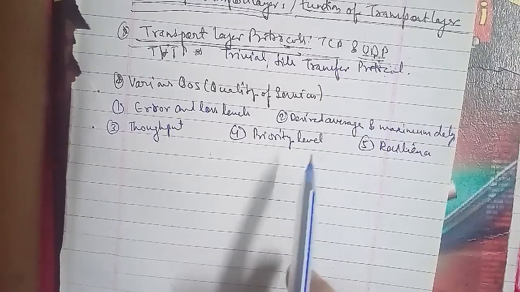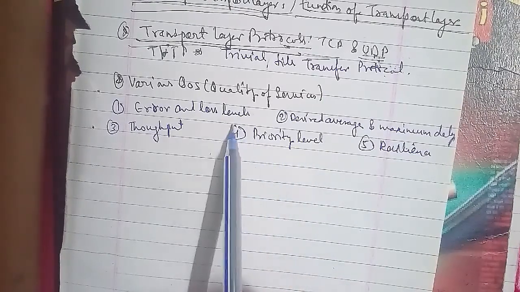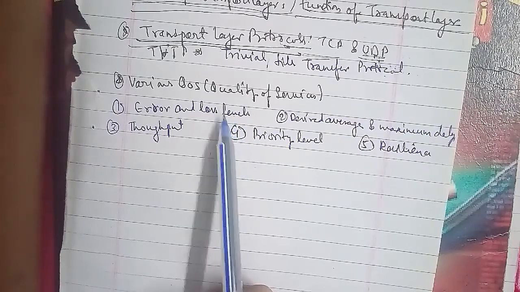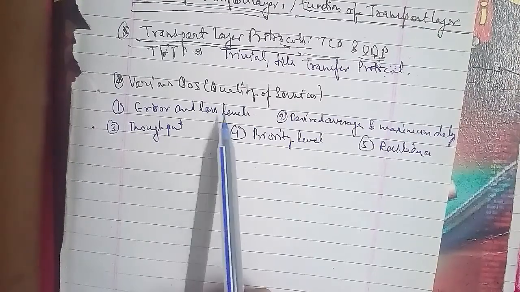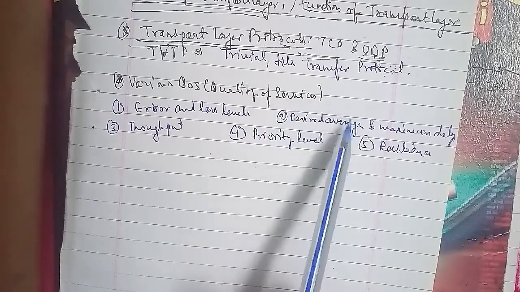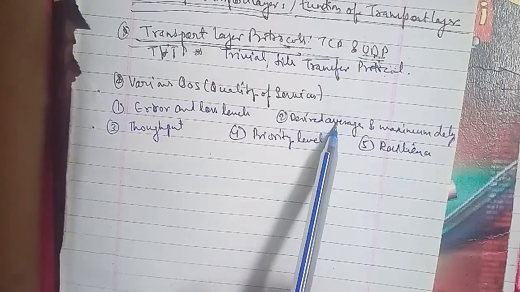The throughput parameter measures the number of bytes of user data transferred per second, measured over some time interval. The priority level parameter provides a way for a transport user to indicate that some of its connections are more important than other ones, and the high priority connections get serviced before the low priority ones here.